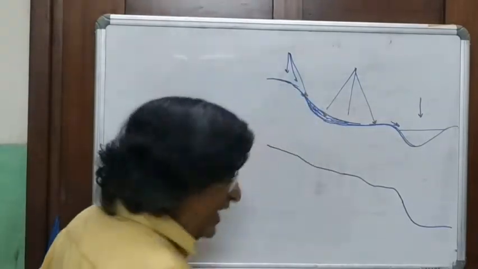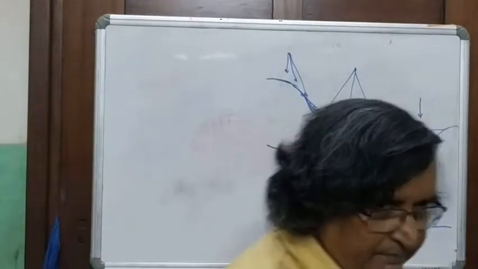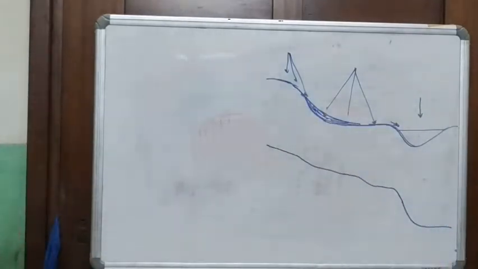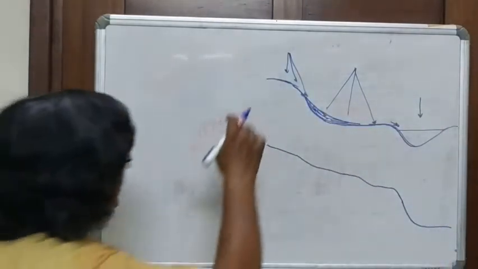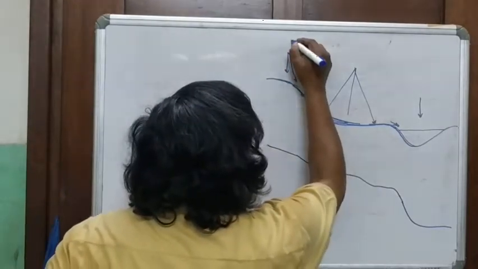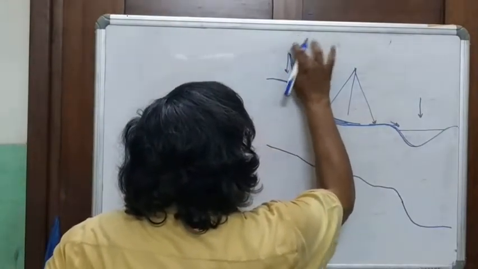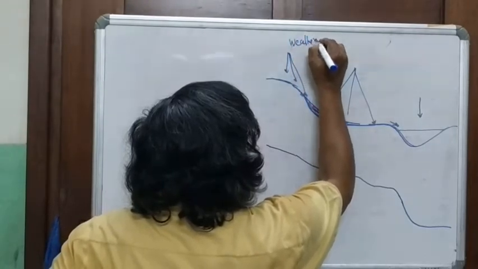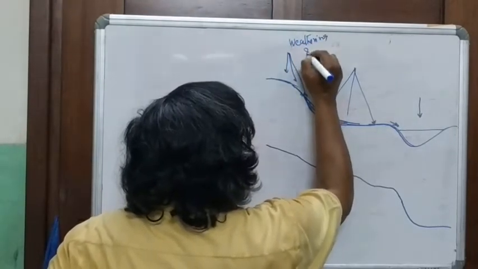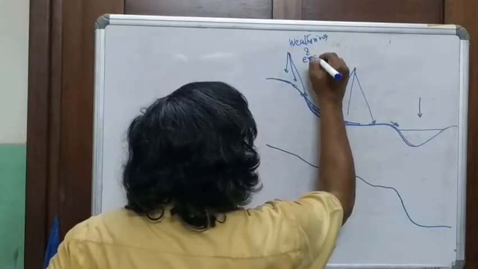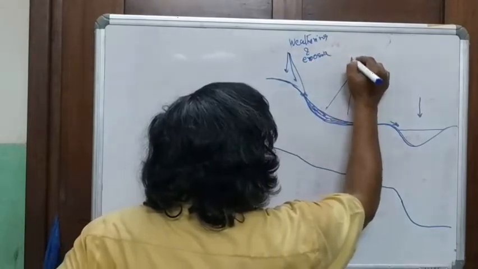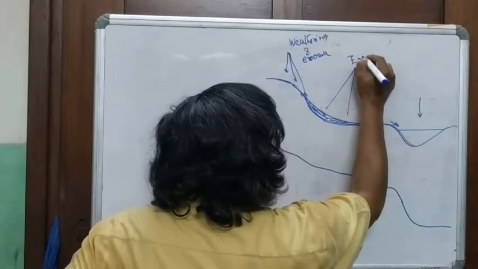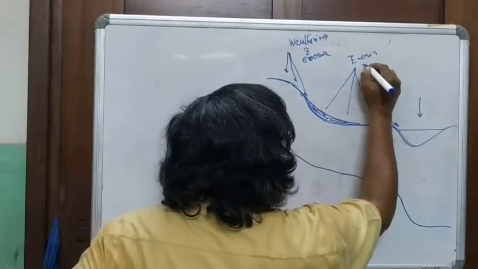What happens, as you know from the Hjulström diagram, is that in this part it's mostly weathering and erosion. Here it is mostly erosion and transportation.